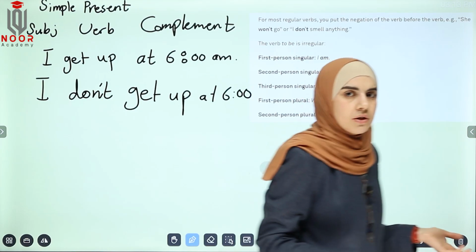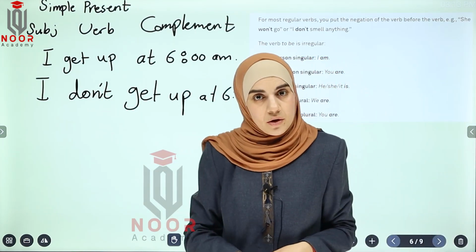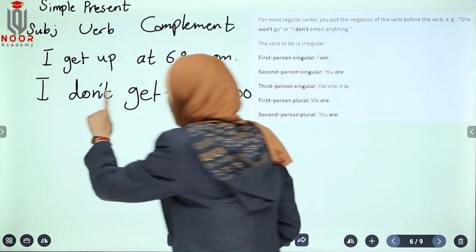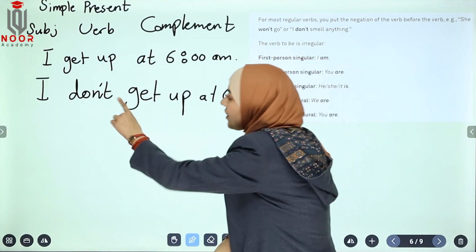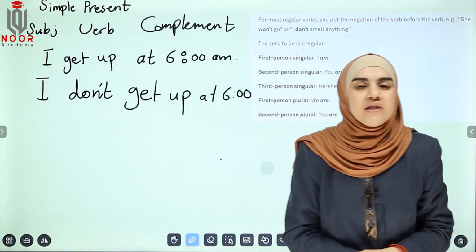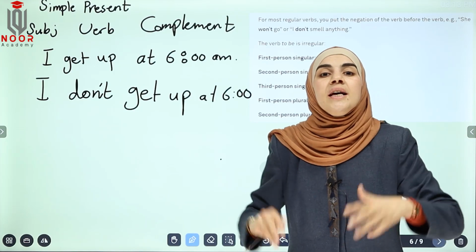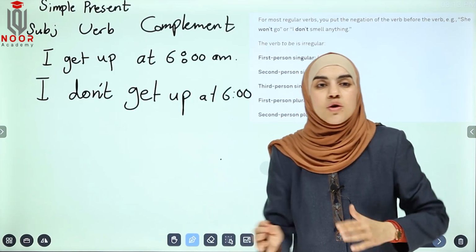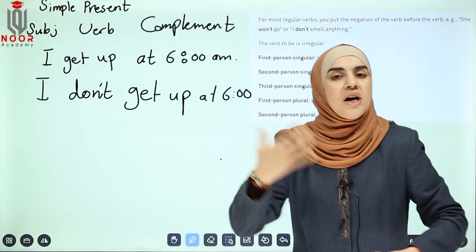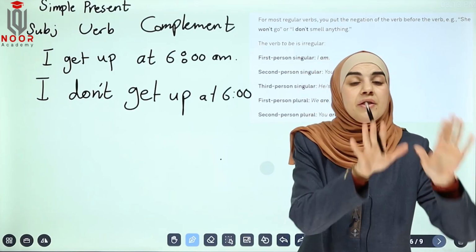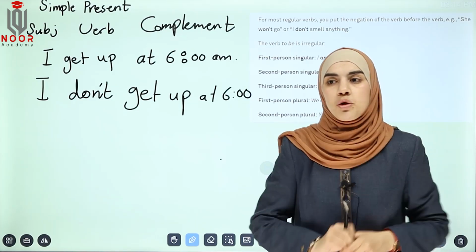Who said I get up, for example, at 7? We use the verb to do with not to make this sentence negative. The simple present refers to active verbs or stative verbs, I mean dynamic verbs or stative verbs, and the verb to be is included.